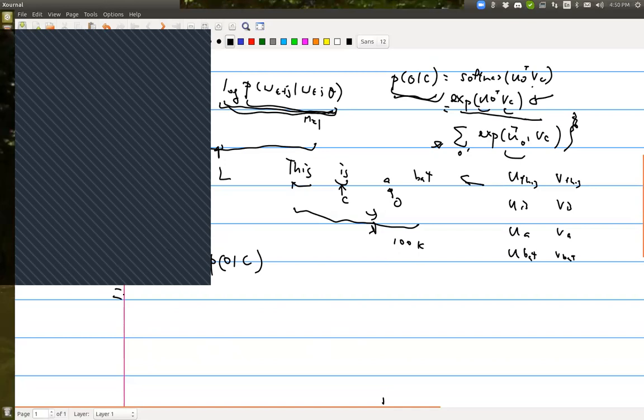This will be equal to minus U_O transpose V_C, plus log of the summation over O prime of exponential of U_O prime transpose V_C, right?